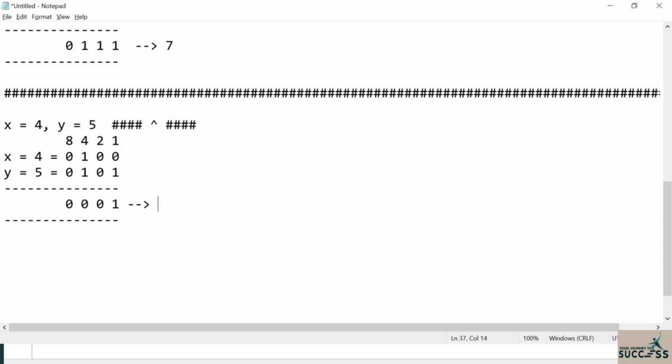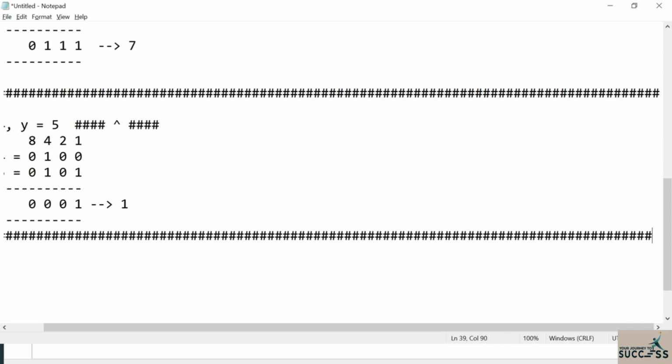So in this case what will be my output? This is for 1, so 1 will be my output. I hope all of you understand how to apply the XOR operator.